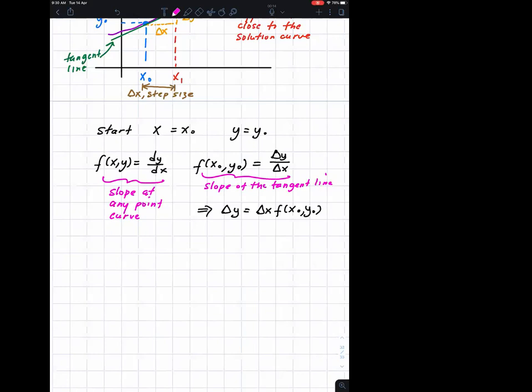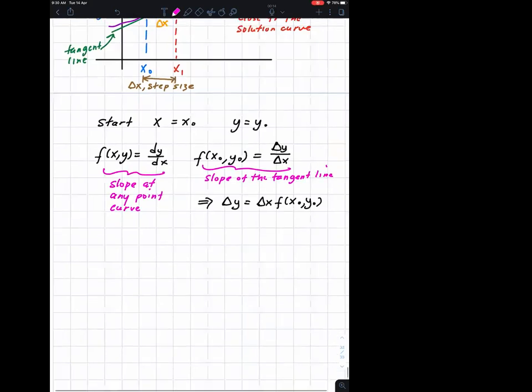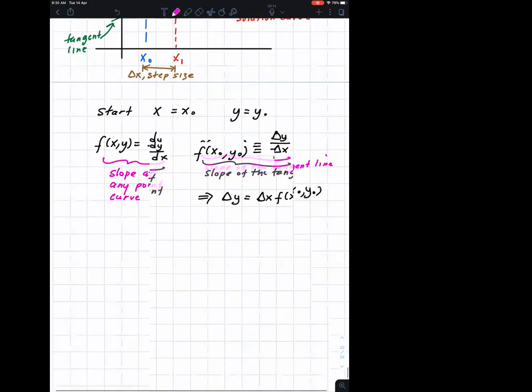So every time you move, you draw a new tangent line. Are you guys still around? Yes, sir. Okay, let's move on. We are close to being done. I think we'll be done pretty soon.